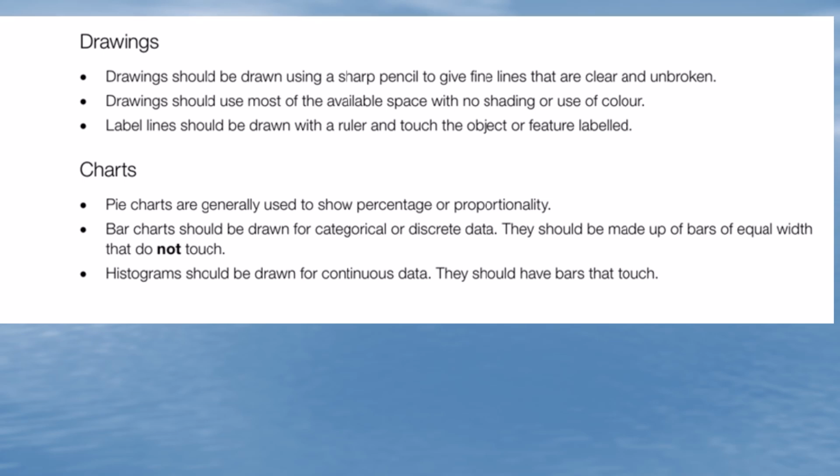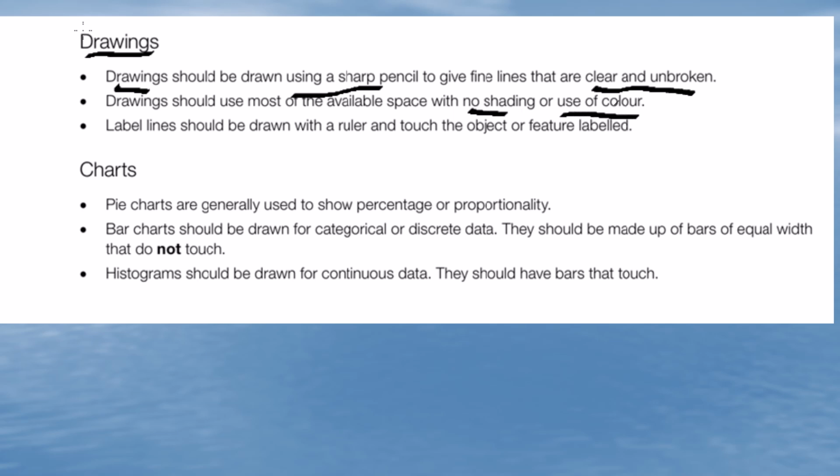Drawings. Cambridge like to have these drawings. For example, in the exam last time, you had to draw a sketch of a fish. And this is important. The drawing should be drawn using a sharp pencil. The lines should be clear and unbroken. And the drawing should be made to use most available space with no shading or no use of color.